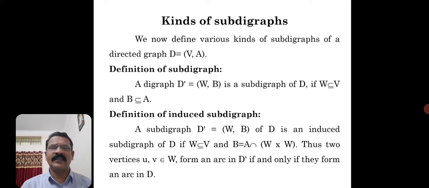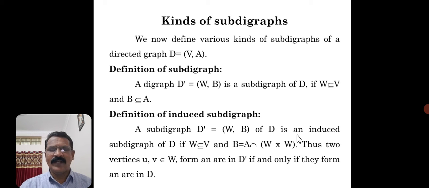If W has the elements 1, 2, 3, then W cross W is (1,1), (1,2), (1,3), (2,1), (2,2), and so on. So first you find W cross W. Then you find the intersection of A and W cross W. The common elements between A and W cross W will be the edge set B. Okay, so again it will be a subdigraph of D.